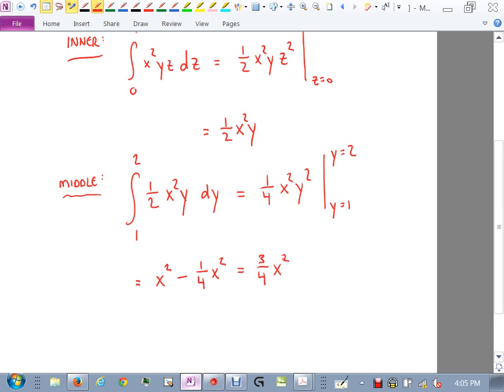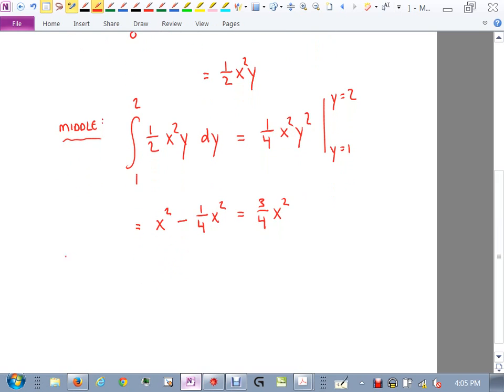And now you move on to the outer and last integral, which was the integral from 0 to 2 of just 3/4 x squared dx, which gives you 1/4 x cubed, right? Evaluated from 0 to 2. You could say x is 0, x is 2, but at this point we're at the last integral, so there's only one variable left.